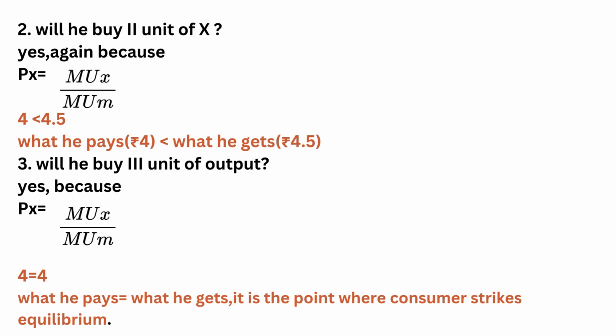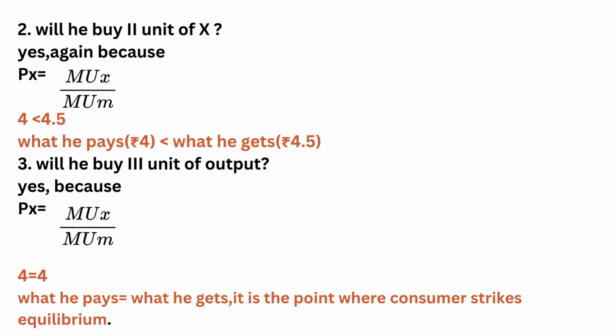Now let's go toward the third unit. So will he buy the third unit of the commodity? Yes, he will buy the third unit of the commodity. Again we will apply the formula Px equals MUX upon MUM. We will put down the values, but this time there is a difference, that the Px is equal to the satisfaction he gets, as both of them are equal. 4 equals 4.